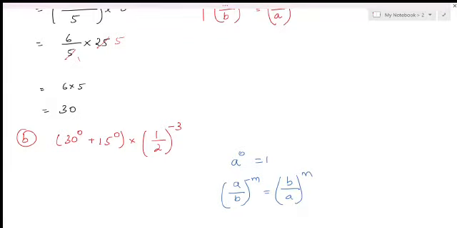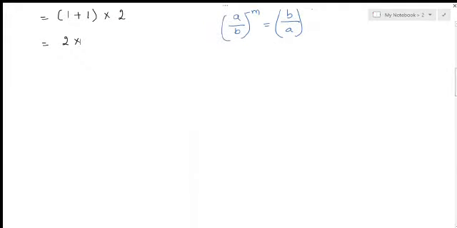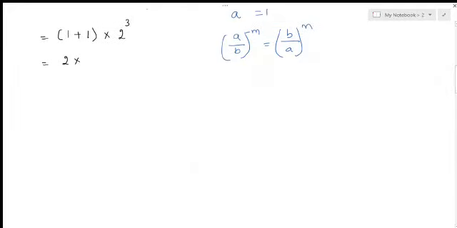So 30 power 0 is 1 plus 15 power 0 is 1 into (1 by 2) whole power minus 3 is 2 power 3. 1 plus 1 is 2 into 2 cube, which is 2 into 2 into 2, which is 8. And 2 into 8 equals 16.